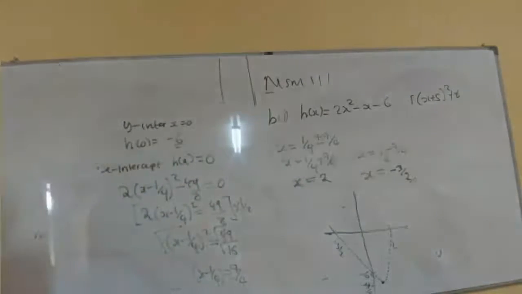So we have negative 6 and we have negative 49 over 8 is that point. Okay, the reason why we've written it like that is simple. I want you to actually be able to say the intercept which we have is actually negative 6, right?